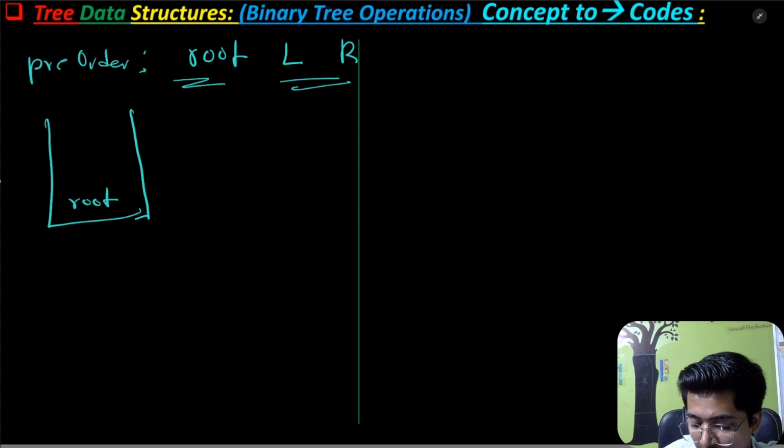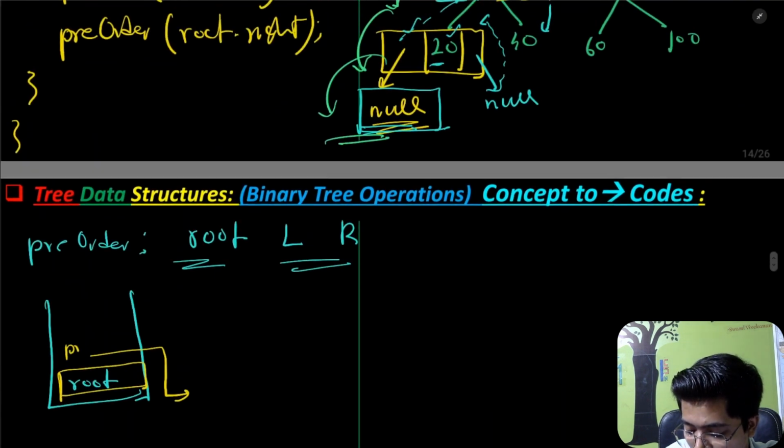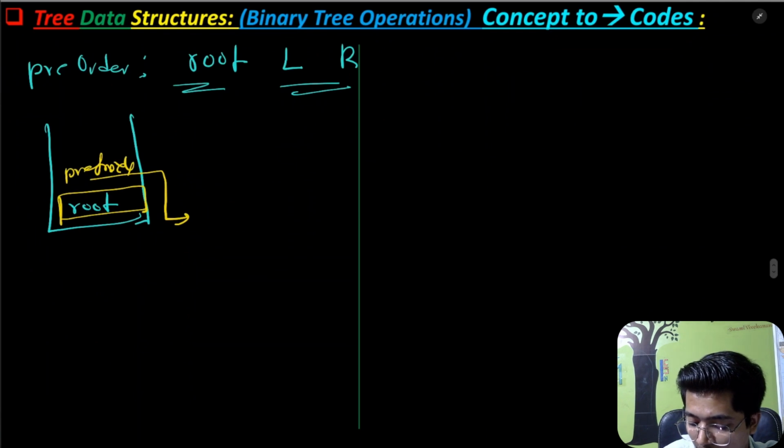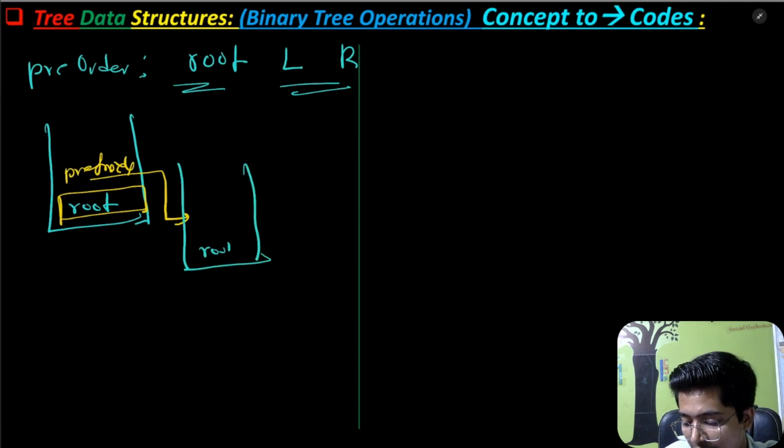After it prints the root, it comes to the left section, and when it encounters the preorder function again, it creates a new stack for it, and again it prints the root in this section, and again encounters the function and moves to the next one.